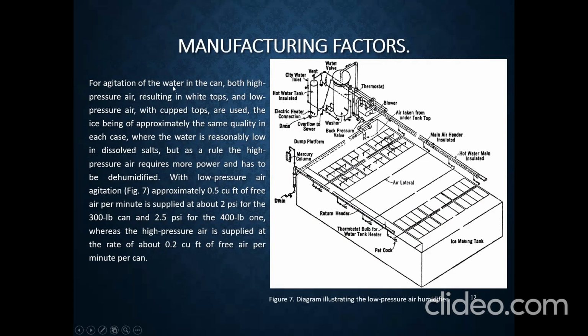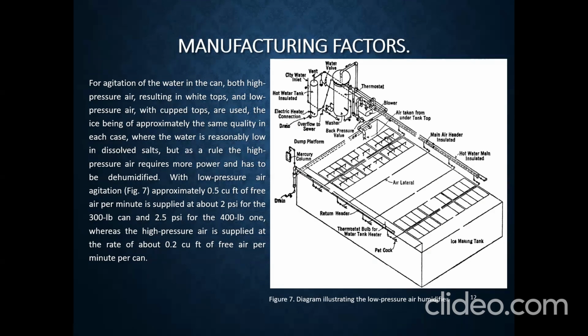For agitation of water in the can, both high pressure air, resulting in white tops, and low pressure air, with cup tops, are used. The ice is of approximately the same quality in each case where the water is reasonably low in dissolved salt, but as a rule, the high pressure air requires more power and has to be dehumidified.